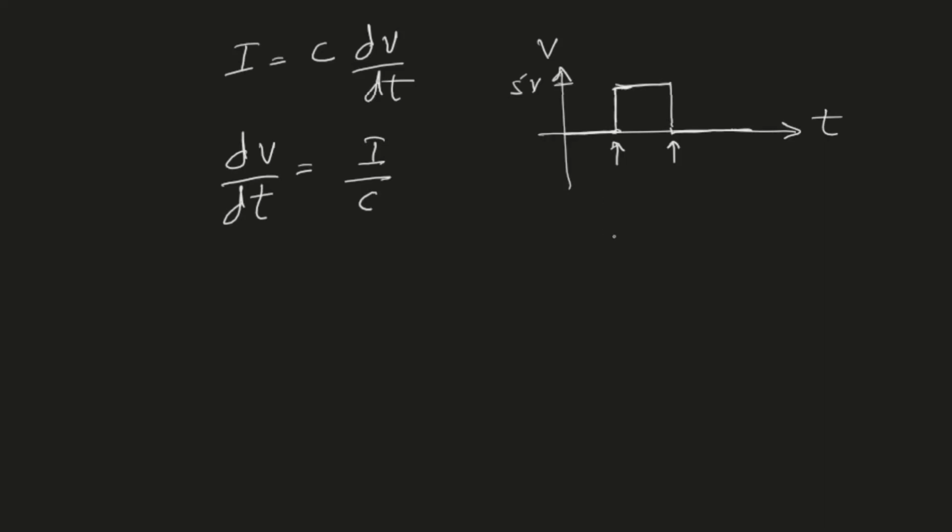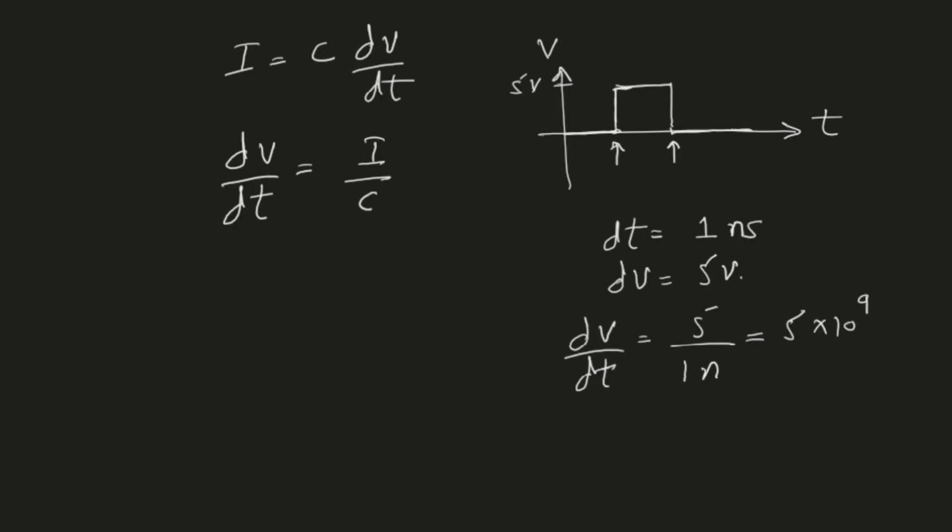So let's say that time is dt, equal to 1 nanosecond. Nano means 10 to the minus 9, so a very short period of time. And the voltage rise dV is 5 volts. Therefore, dV by dt is 5 divided by 1 nanosecond, which is 5 times 10 to the 9. Now that's a huge number.